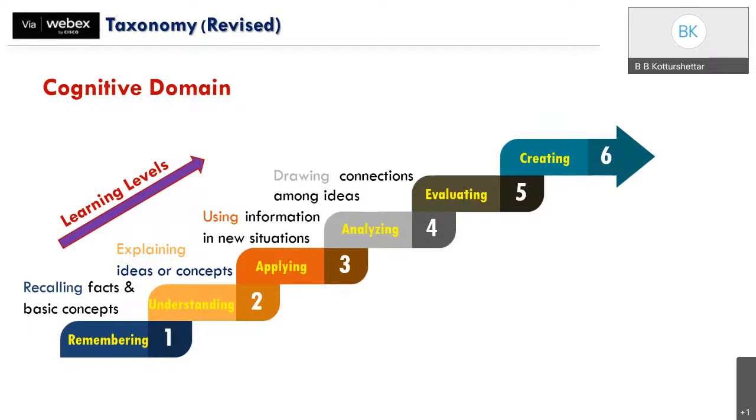Now, see, he should be able to connect a number of things to make the whole. Okay, that is analyzing. Then the fifth level is evaluating. He should be able to judge two or three things and come up with his own decision and justify that.